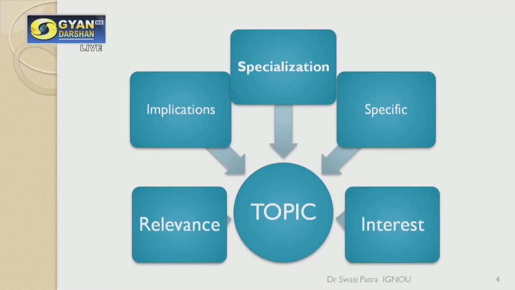And of course, another important factor here is the interest of the researcher. When we say interest, as a researcher, you have to see that in the particular specialization that you have taken, which population interests you, okay. Like for example, are you interested in studying children or women or older population or vulnerable population or migrant workers, or children with special needs?